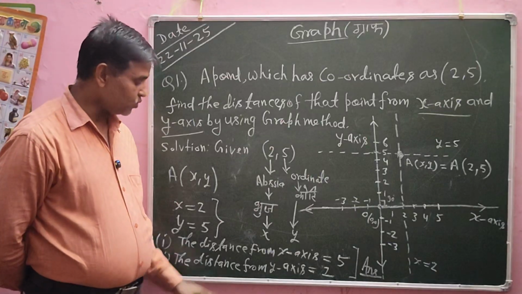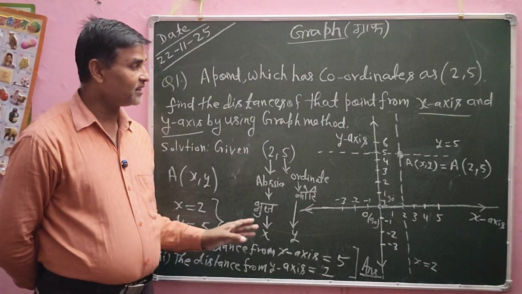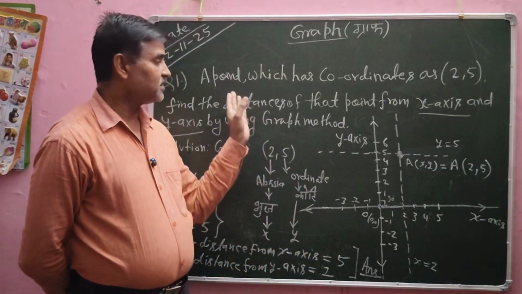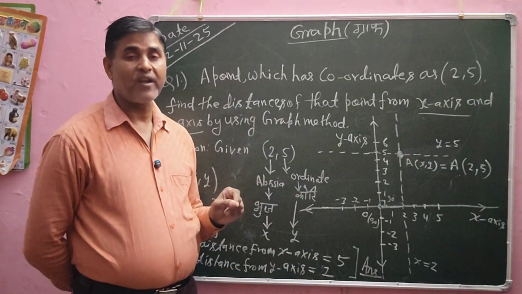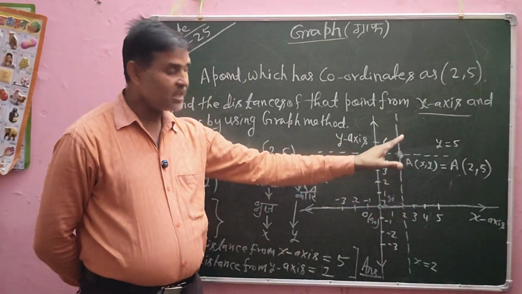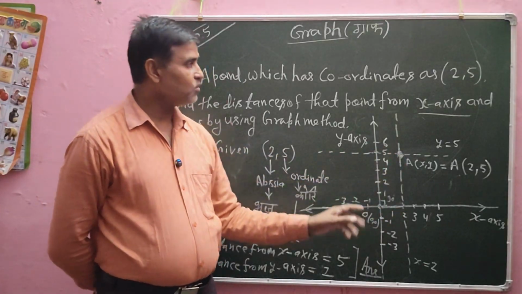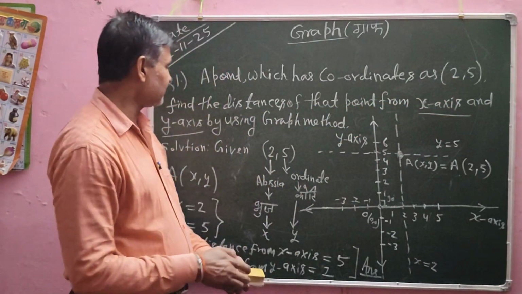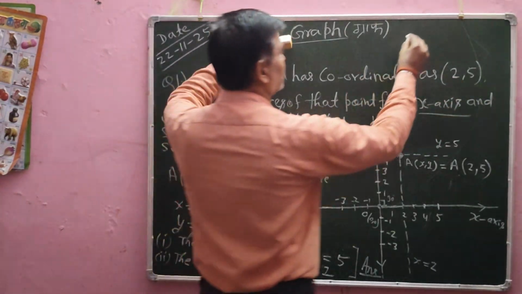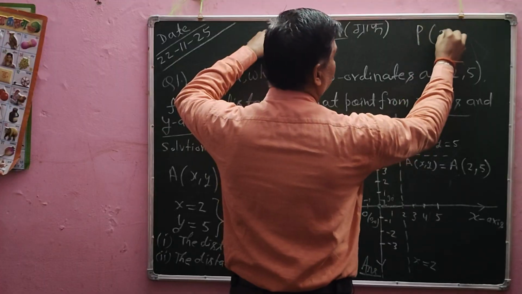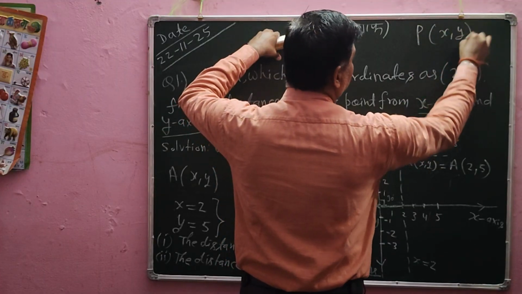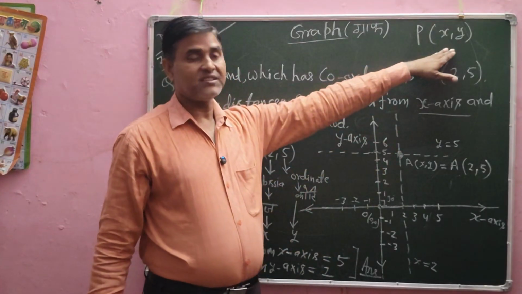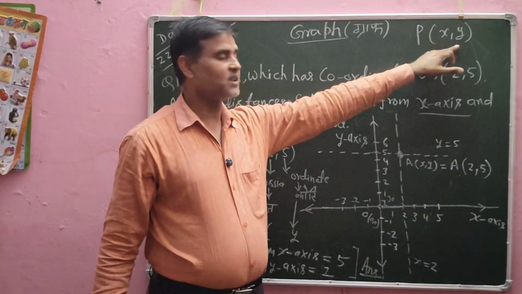Okay student, again I am going to explain how I have written these two answers. In the question, we have to find the distances from the x-axis and also from the y-axis. Any point is written in the general form x comma y.